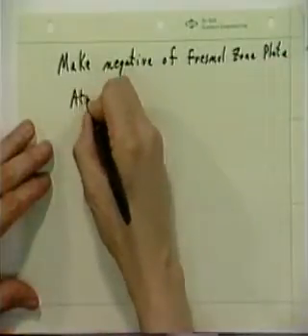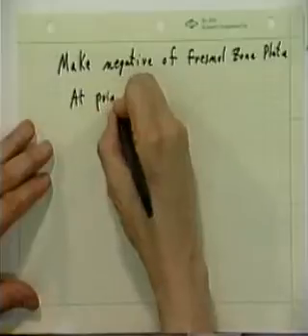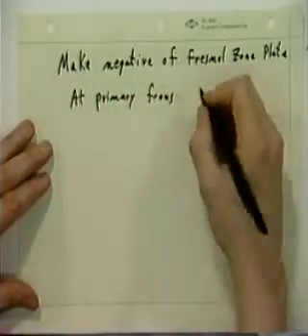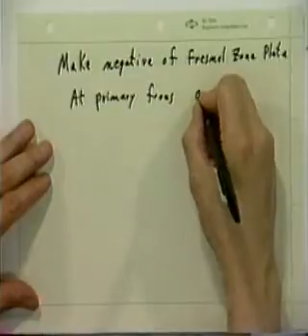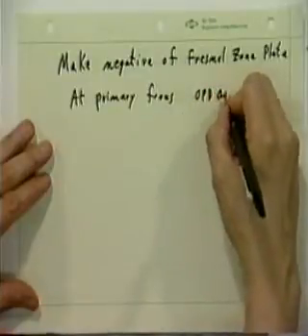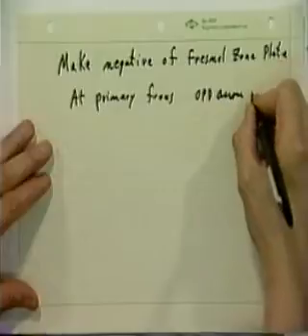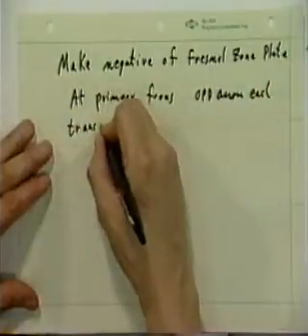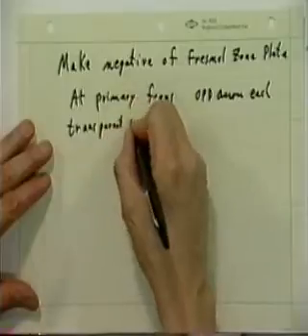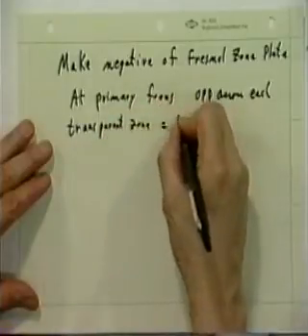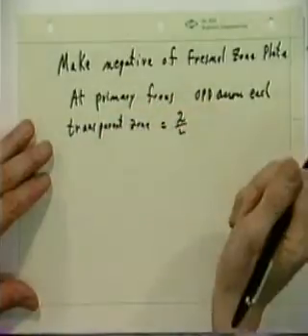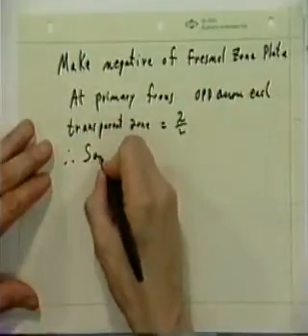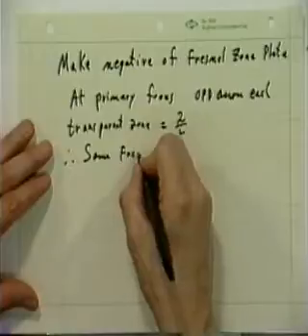So at primary focus, OPD across each transparent zone equal lambda over 2. Therefore, same focal properties.